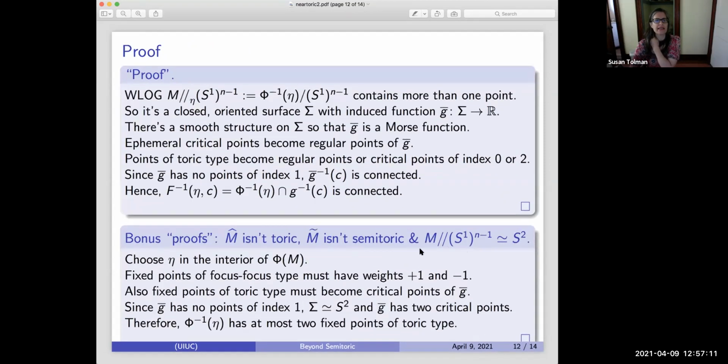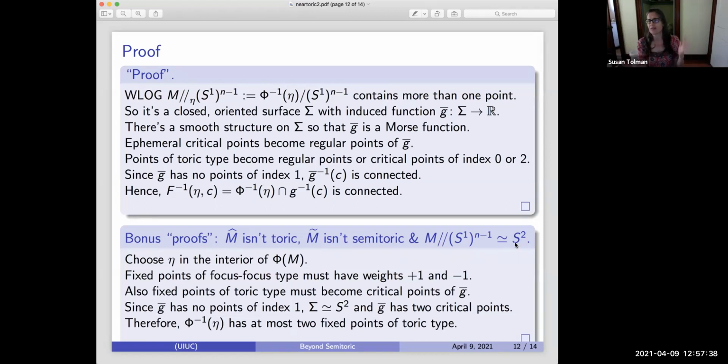So if you look here, we prove that if it is near toric, then the reduced space must be a 2-sphere, right? So we usually say the complexity 1 space has genus 0. Something that's easy to prove is that whenever you have a complexity 1 action, all the reduced surfaces have the same genus.